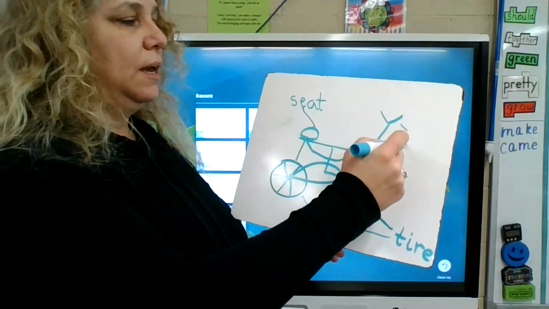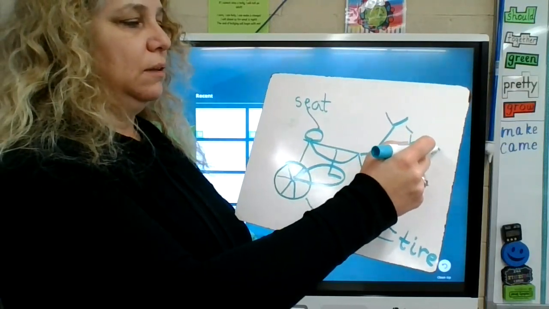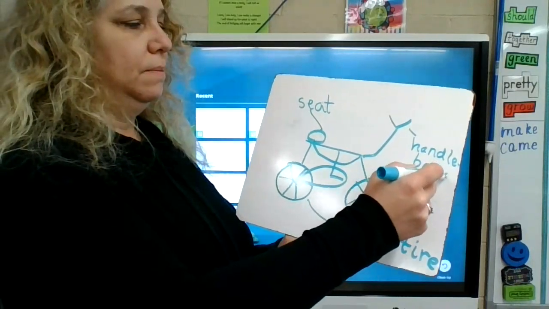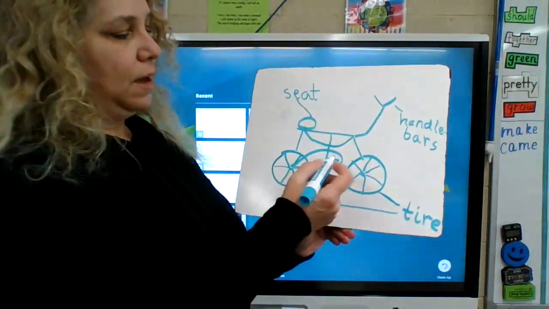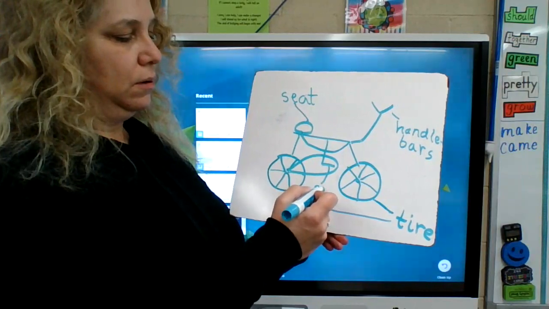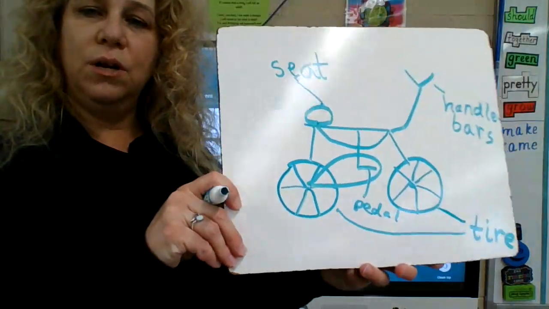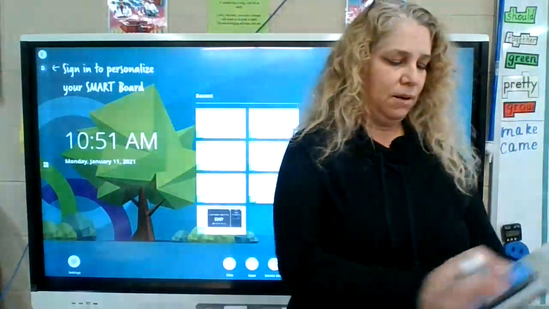These are my handlebars. Kind of little tiny handlebars, aren't they? I could label my pedal. So the important parts that I want you to know about. Okay, so that's my crazy diagram for today.